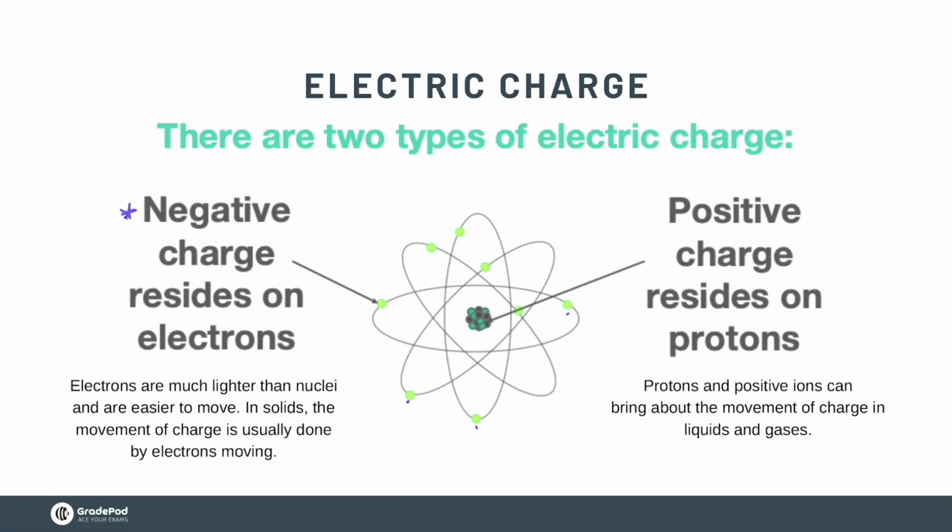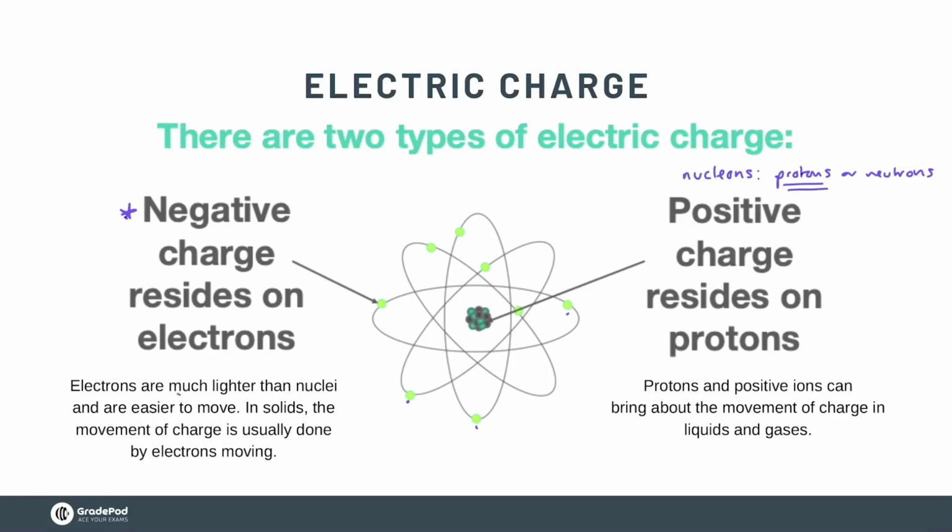And the things in the middle are nucleons, i.e. things that are in the nucleus. It's either protons or neutrons. In this case, I'm really only interested in the protons. They reside inside the nucleus, and they are very heavy in comparison to the electrons.